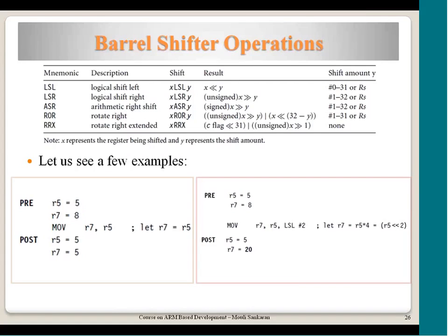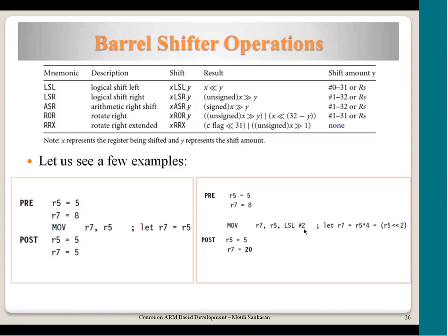Now one more example. This is the way you can mention the barrel shifter operation. This LSL means logical shift left. It actually means you are moving the bit positions of R5. It always applies to the register given as the operand. So the 32-bit content in R5 is shifted left, and since it is a logical shift, the MSB part will be filled with 0.